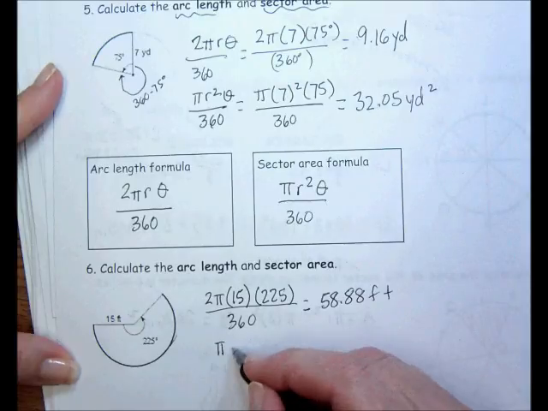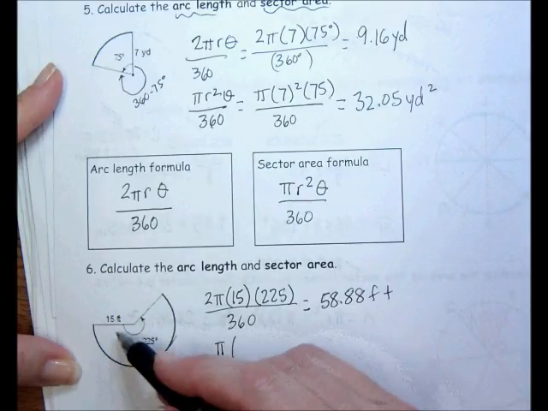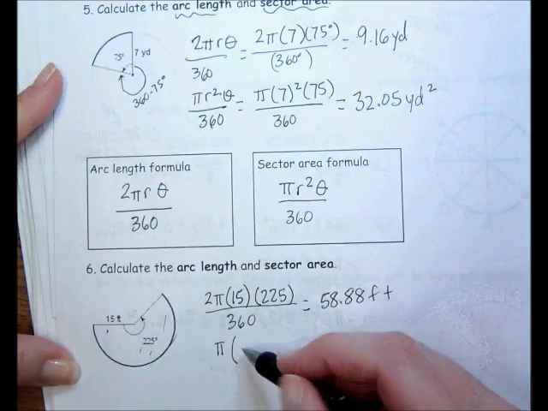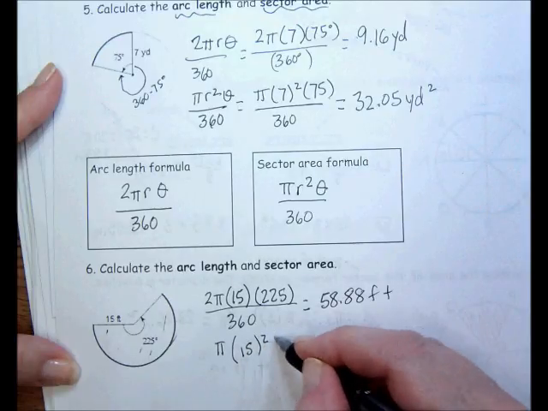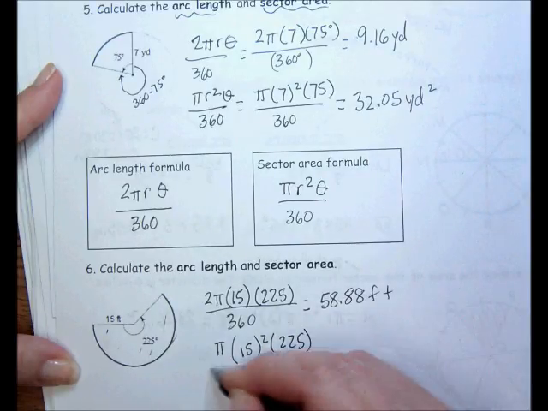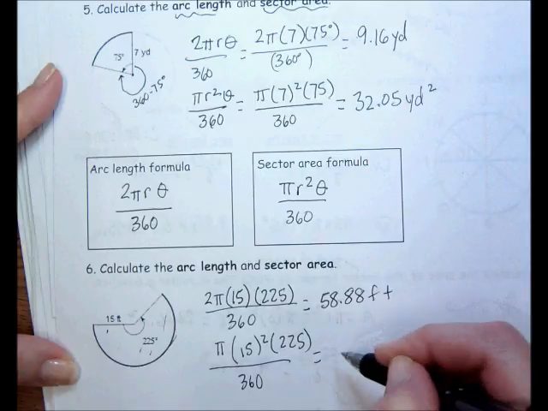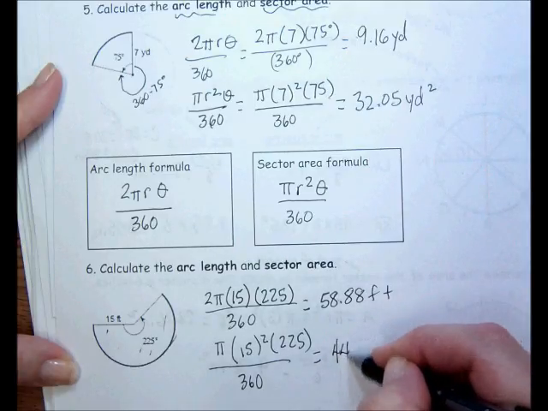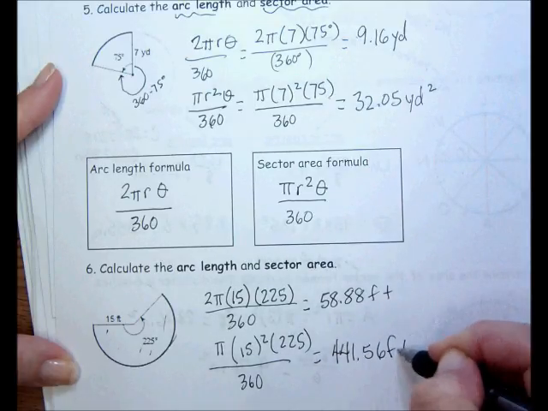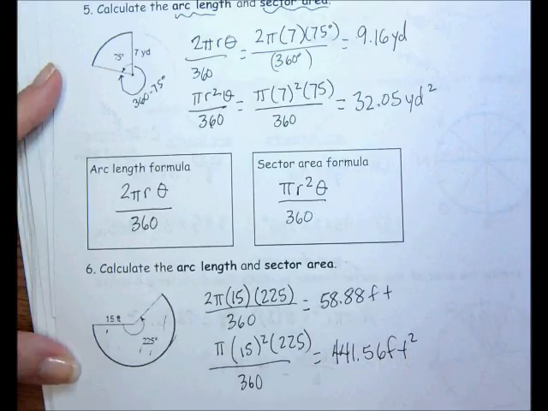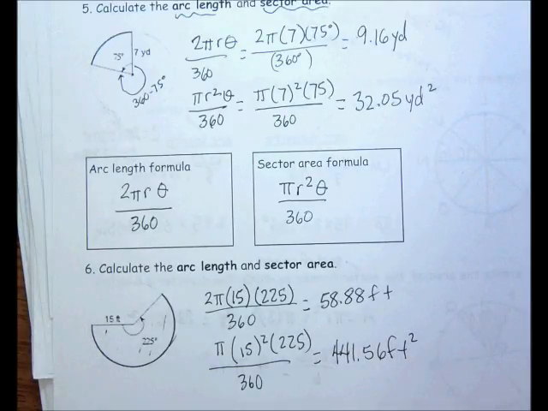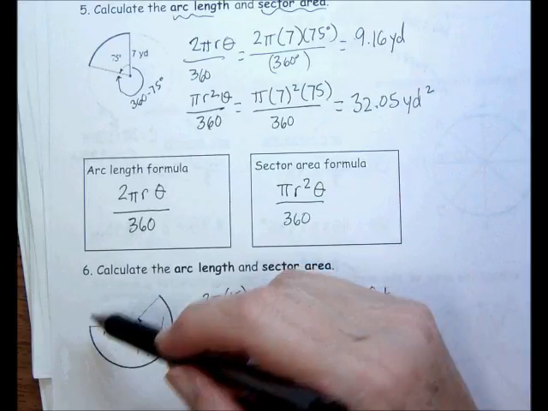And for pi r squared, this is the area of the sector. So pi times 15 squared times 225 divided by 360, and that area is 441.56 feet squared.